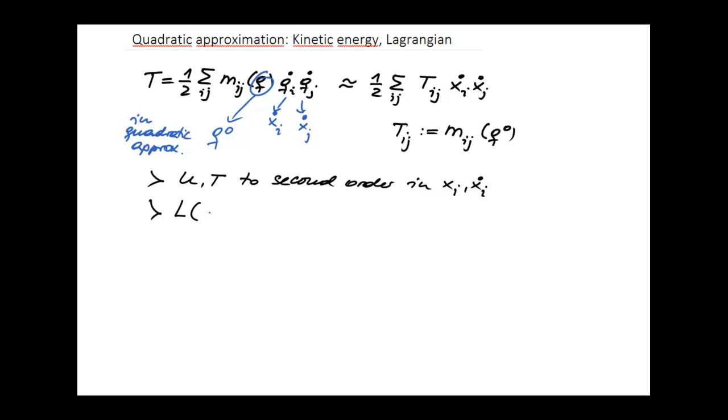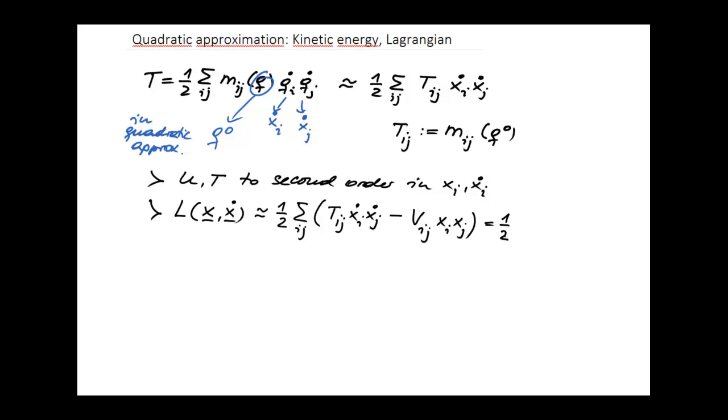This allows us to express the Lagrange function in terms of x and x dot in this quadratic approximation, that is 1/2 sum over ij, and then we have first the kinetic term, which is Tij xi dot xj dot, minus the potential term, which is Vij xi xj.